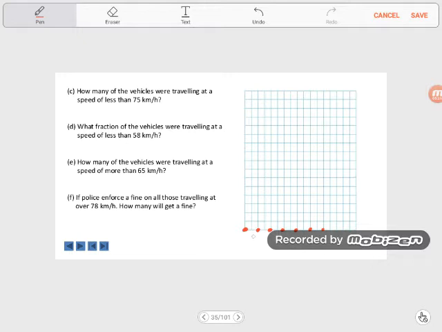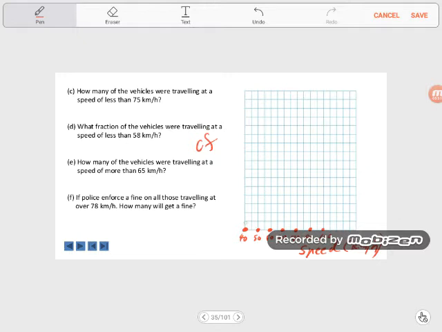Okay, so this is the speed down here, 40 to 50 to 60, 70, 80, 90, 100. Speed in kilometers per hour. And up here we're going to have cumulative frequency, CF, up on this axis here.